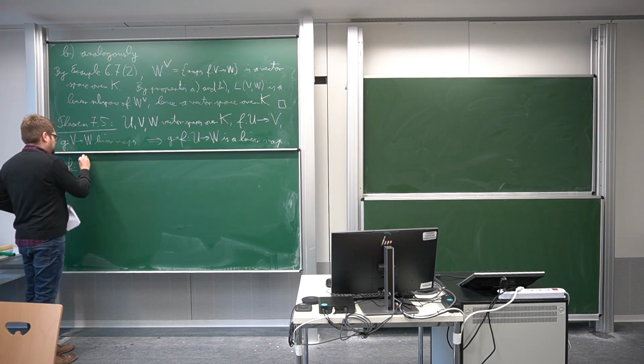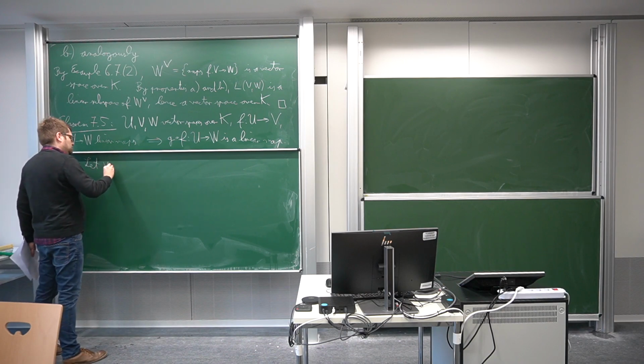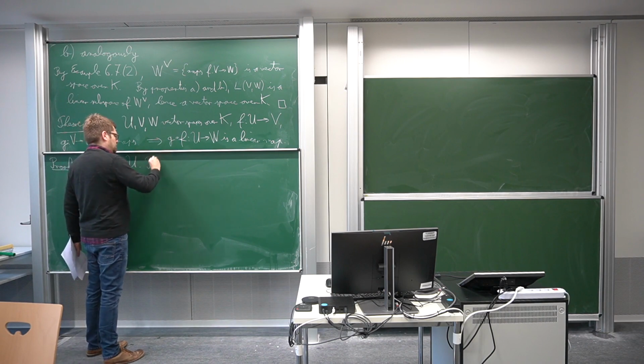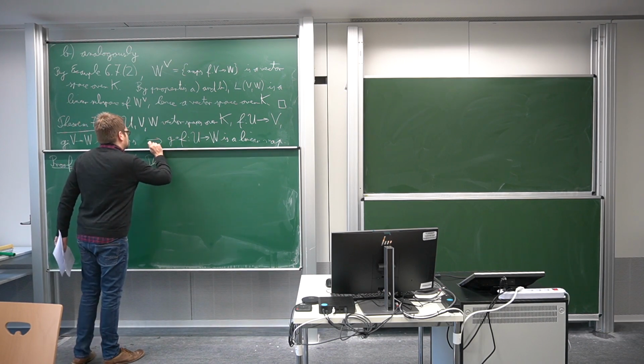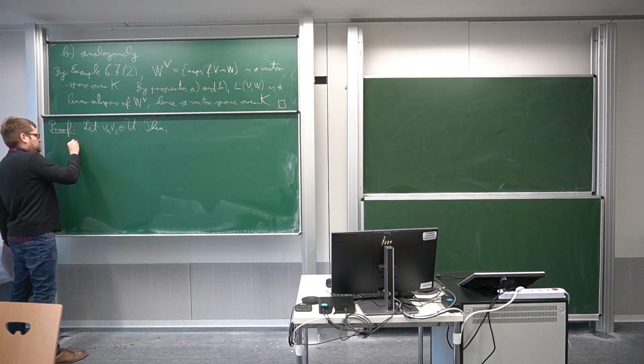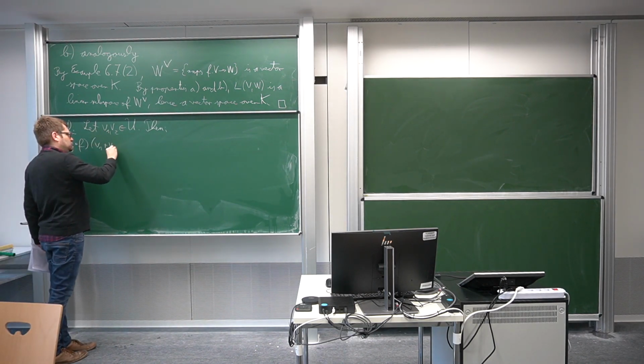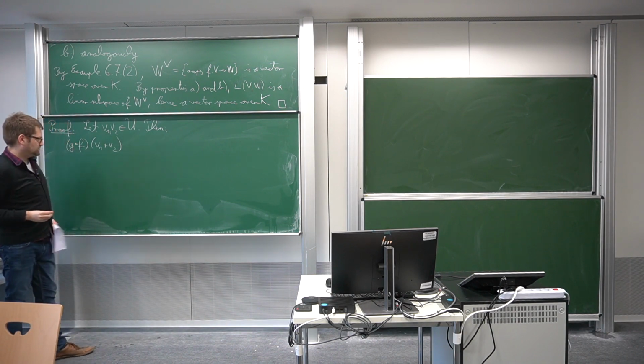Okay, first of all, we take two elements V1 and V2 in U. Then we compute this composition, G composed with F of V1 plus V2, so we have to show that this composition is compatible with sums.